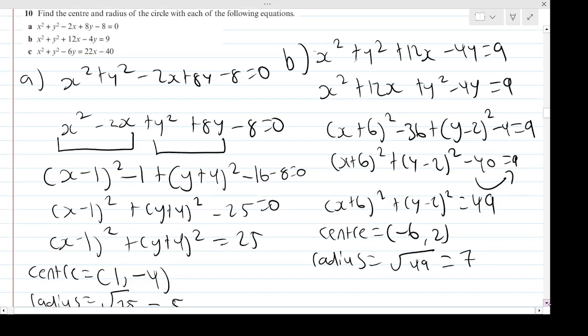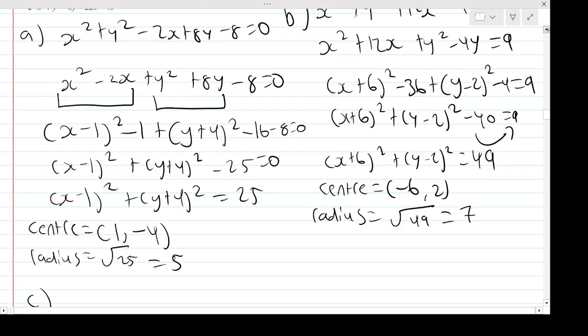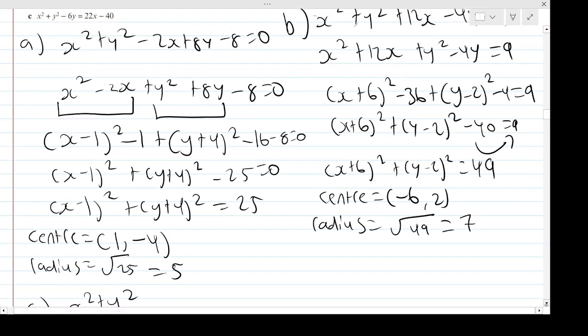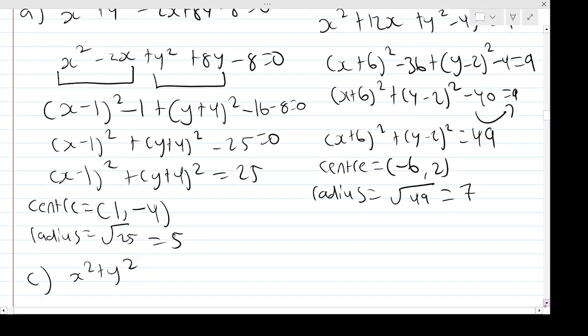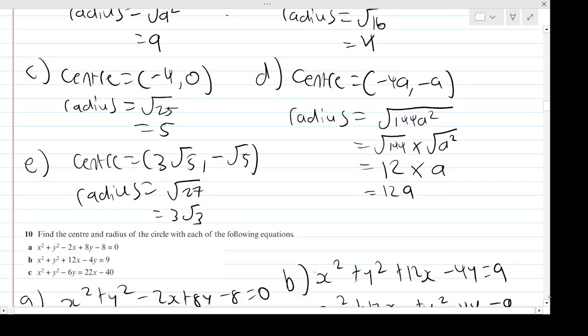Okay, then part C, lastly, we have x squared plus y squared minus 6y is equal to 22x, was it? Yeah, 22x minus 40.